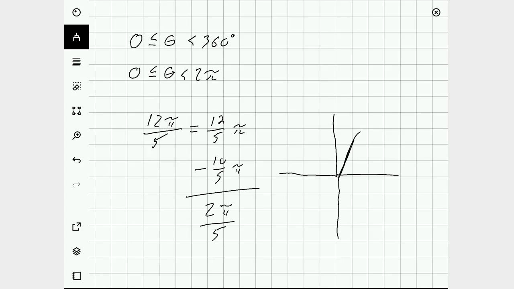And 12 pi over 5 means I wanted to make a complete loop and then get there. So we can spin around as much as we'd like. Eventually we'll get to where we're looking to go, and that's the idea of a coterminal angle.